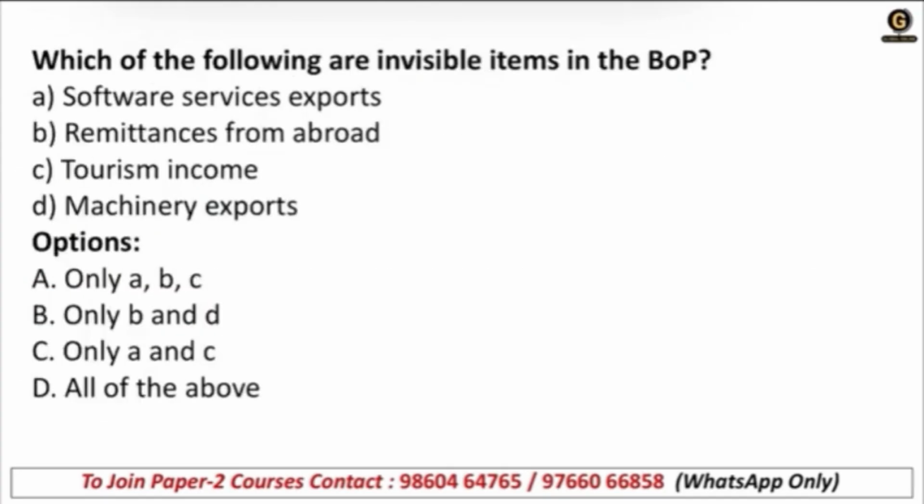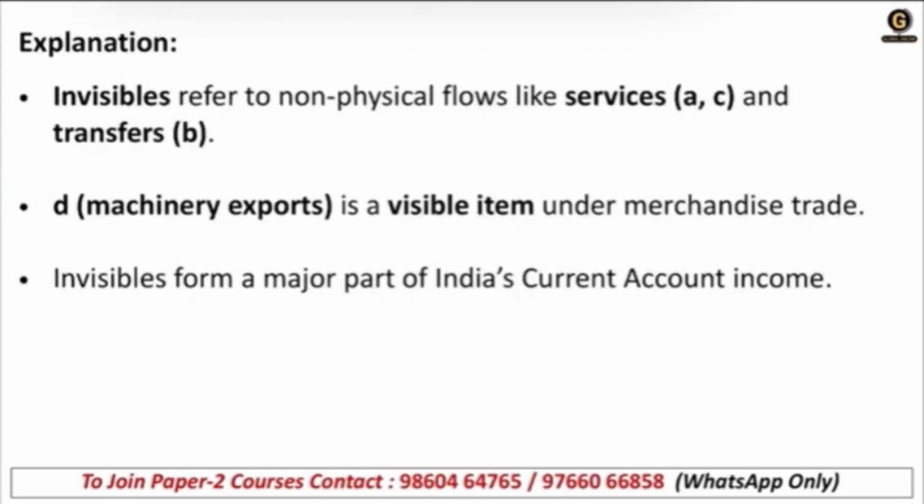Correct. Next, which of the following are invisible items in the BOP? Software services exports, remittances from abroad, tourism income, machinery exports. Right answer is A, B, C. Invisible refers to non-physical flows like services. Right, invisible means services and visible means goods. A and C and B also.